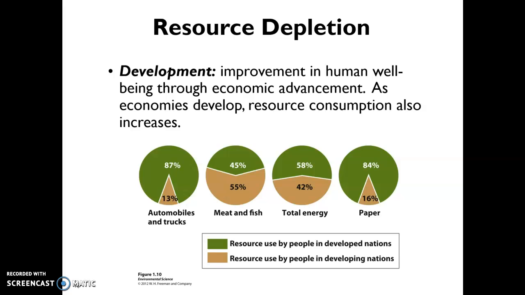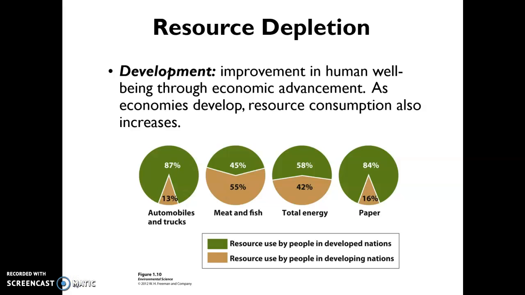So the other important thing here is that resource depletion is something that we can have as a goal, something to solve, so that developing nations use fewer resources than they currently do, so these resources do not become depleted.